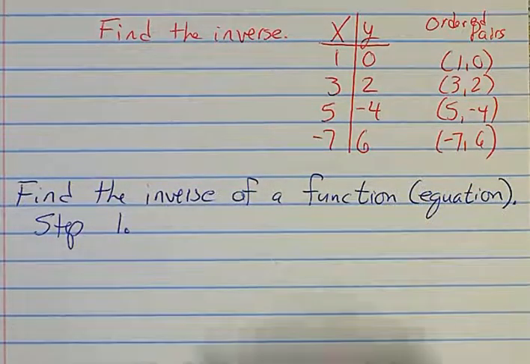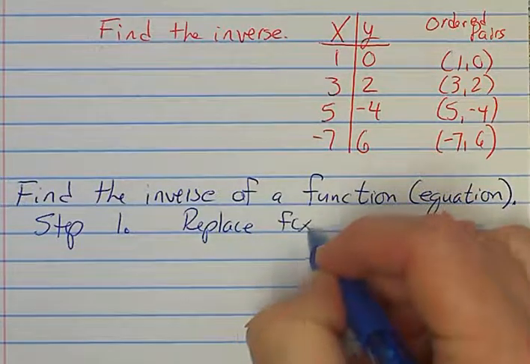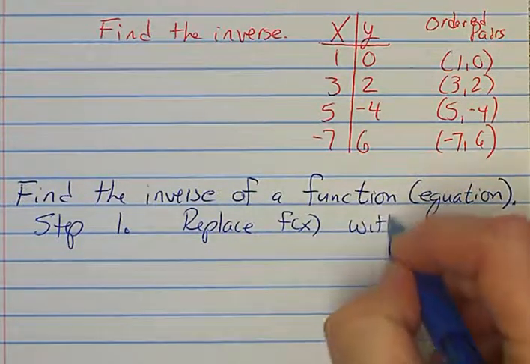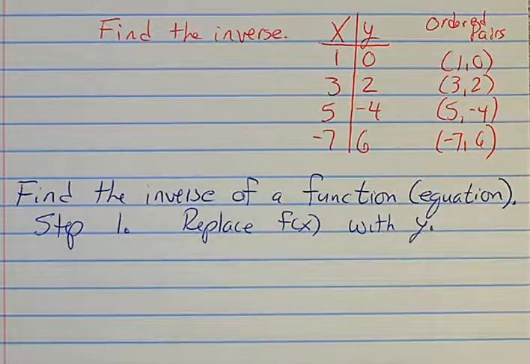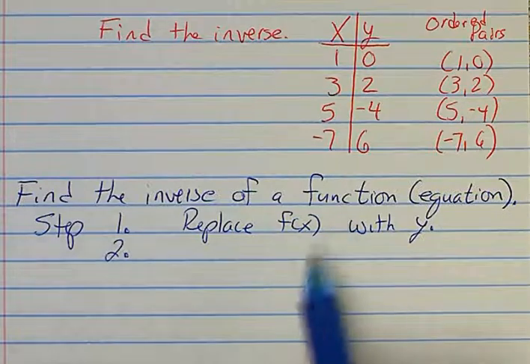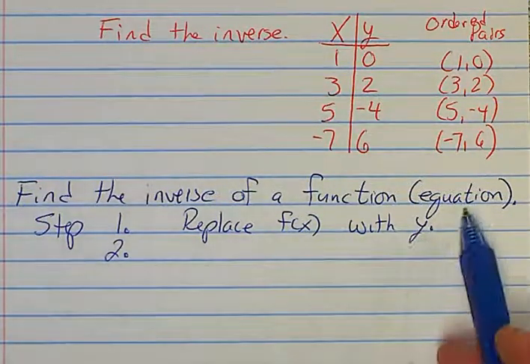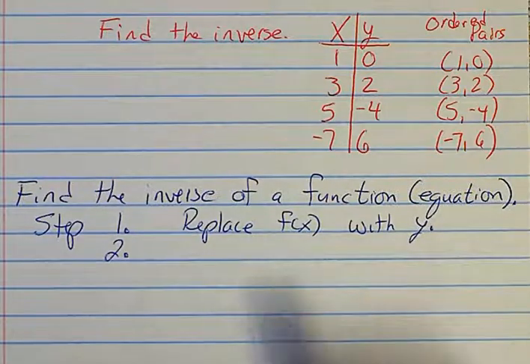Step 1, you're going to replace f of x with y, because they're going to start you off with a function, so it's going to be f of x equals something. So the first thing is take out the f of x and replace it with y, which makes it an equation.